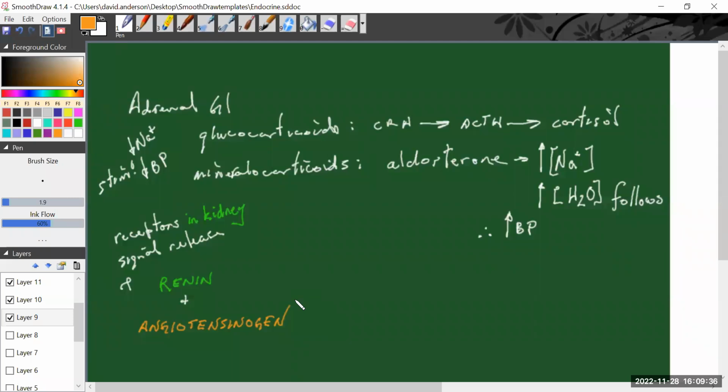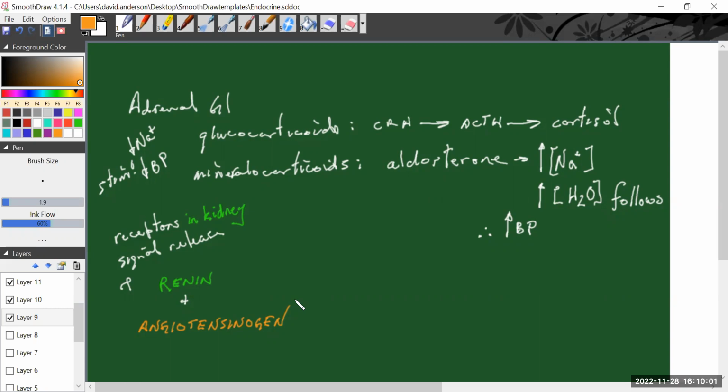Now that's a long word, but the OGEN on the end is a clue. This is something that's not yet active. When you see OGEN on the end of a word, it's a little bit like way back when we talked about pre-vitamin D. Pre-vitamin D is not active. Vitamin D is active. But angiotensinogen is not active unless it comes in contact with renin.